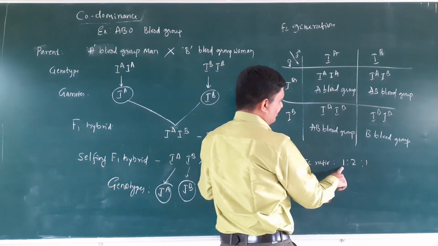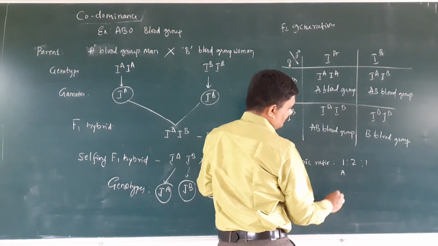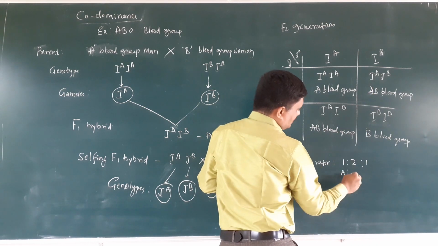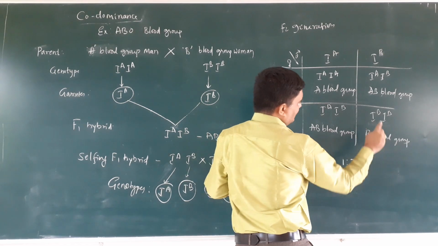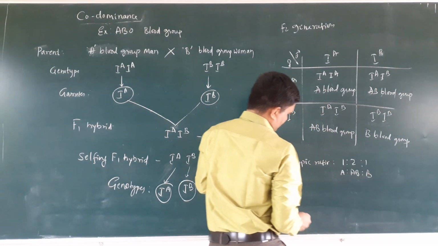One child has the A blood group, two children have the AB blood group, and one child has the B blood group. The phenotype ratio is 1:2:1.